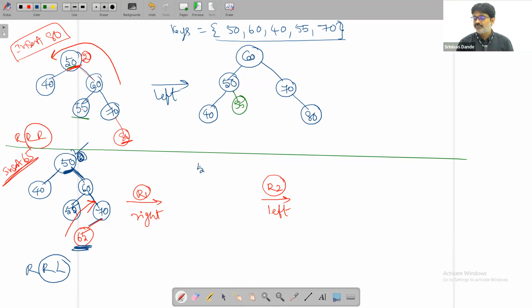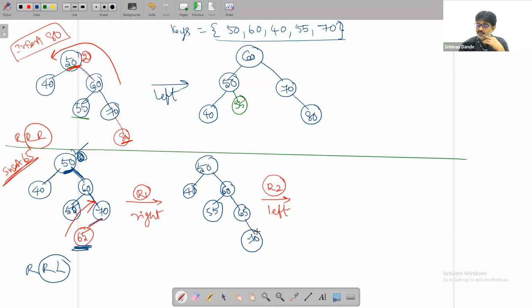So 50 stays there for some time, 40 stays for some time, 60 comes here as it is, 55 will not change. Am I right? So what changes? What is the child of 60, guys? 65 will become the child of this. The child of 65 is 70. Is this done? Right is done.